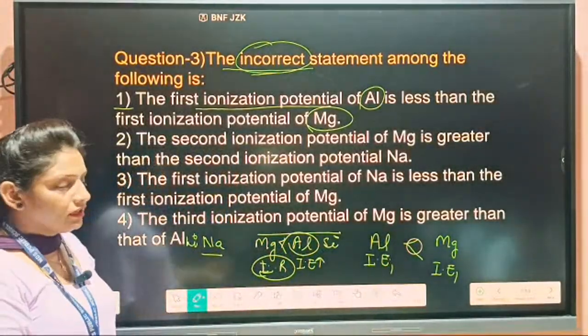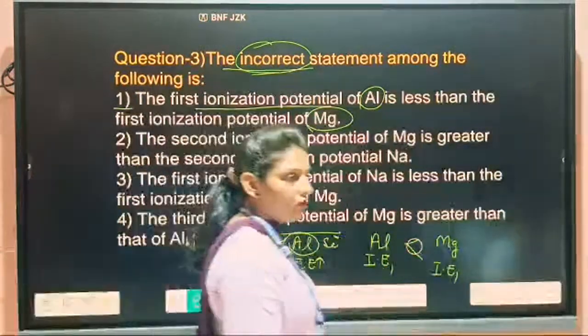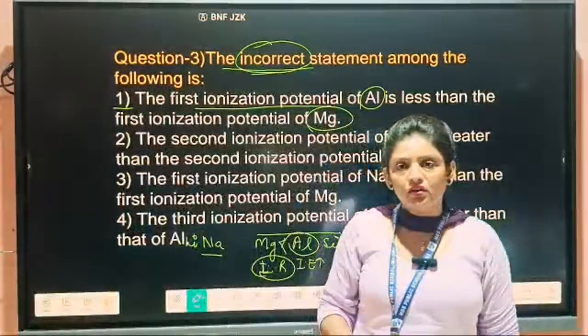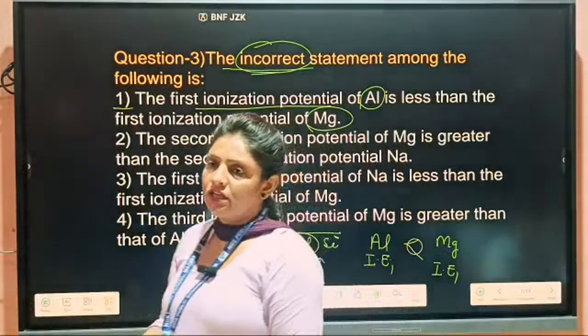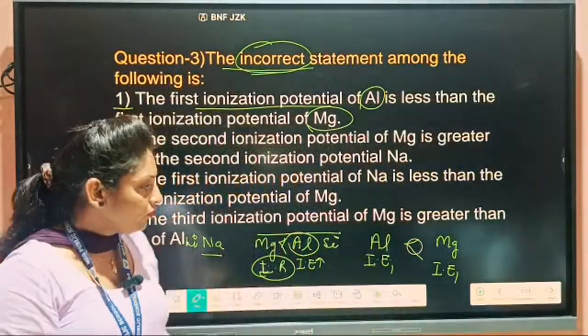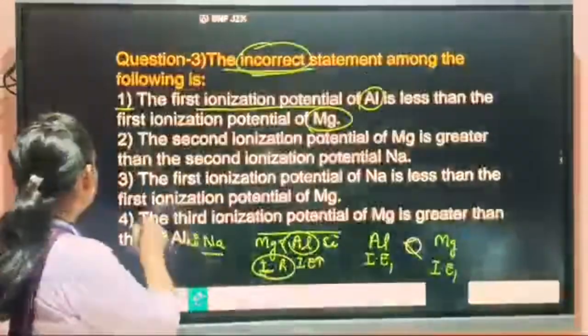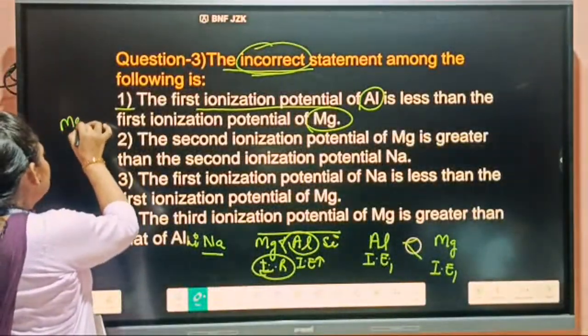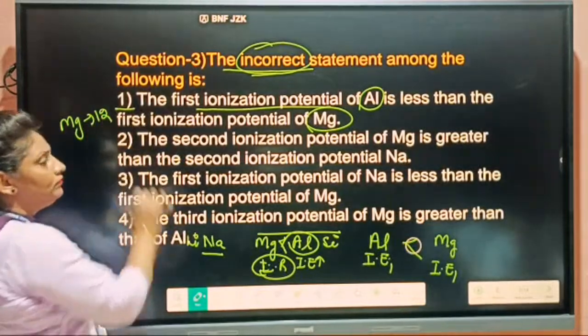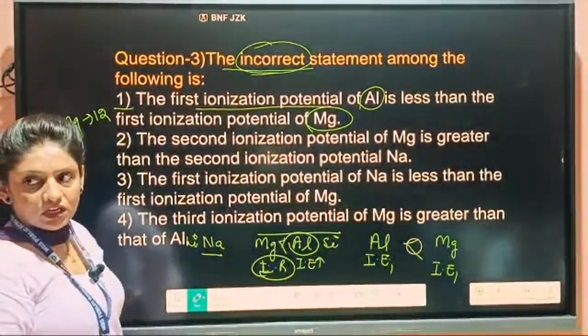But students, second concept, we will see the effect also on which ionization enthalpy depends. So first of all, we will write the configuration. Here magnesium. What is the atomic number for magnesium? 12. Write down the configuration.